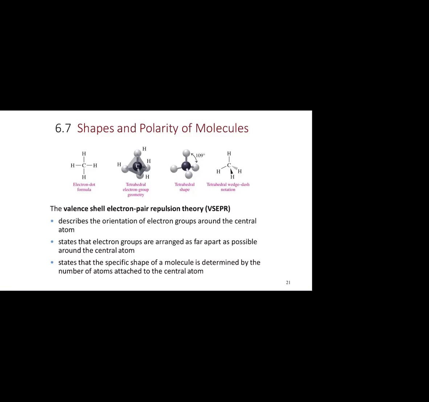So for example, here we have the molecule CH4. So this is called methane. CH4, because of what we have discussed so far, has the electron dot formula given by the molecule all the way to the left. Because these atoms are sharing electrons, those electrons are going to be like, I need my space.